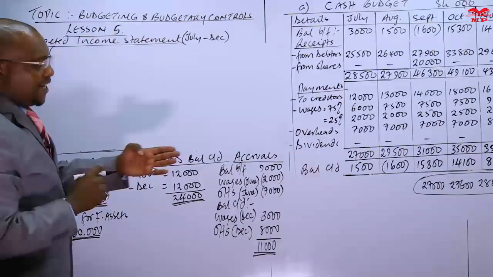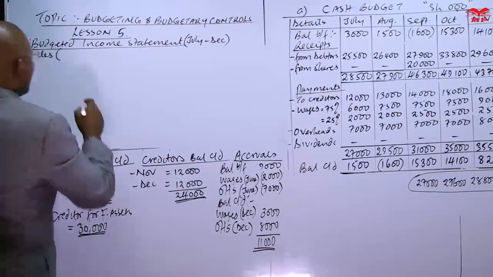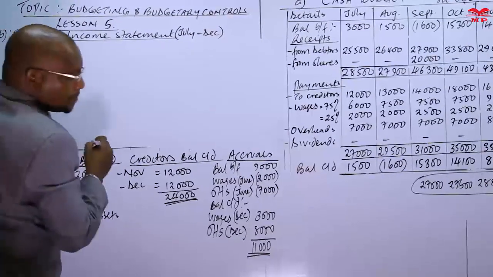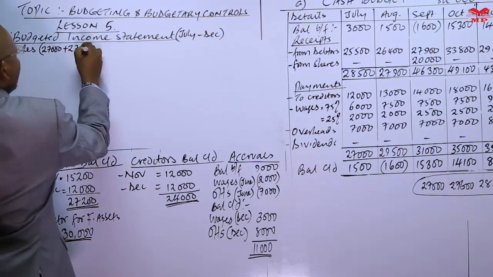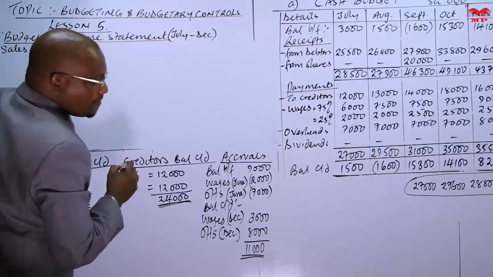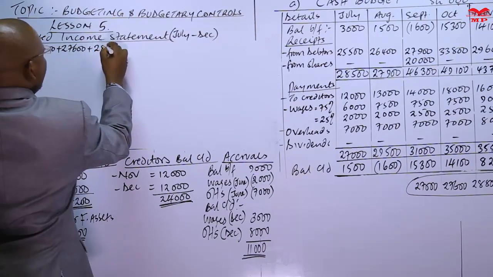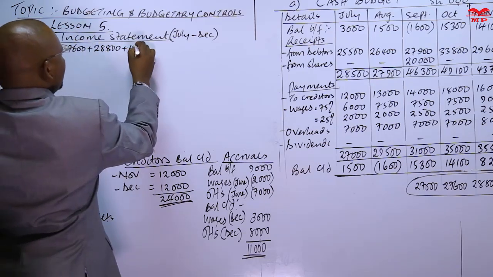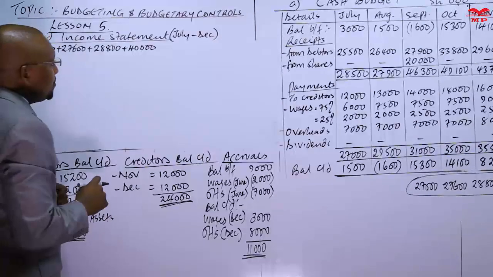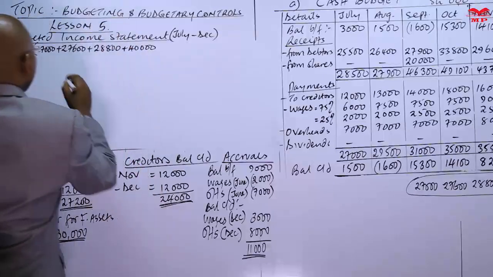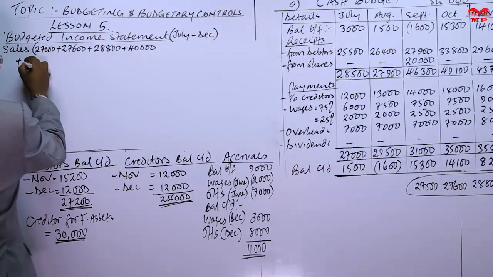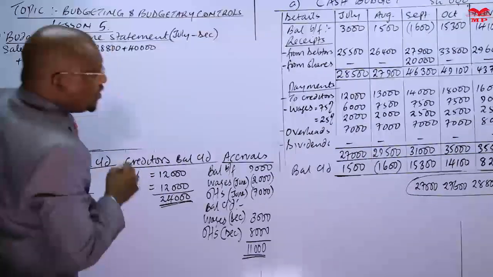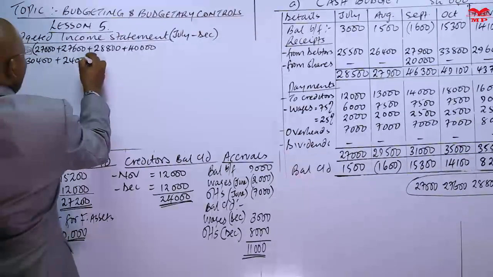So when I add, because I had already reserved the figures there, I'm having 27,000 plus 27,600 plus 28,800 plus 40,000 plus 30,400 plus 24,000.